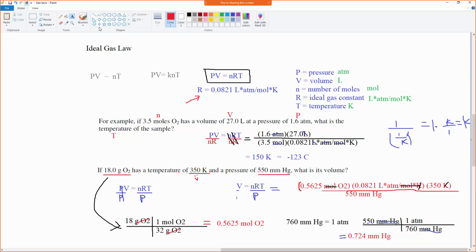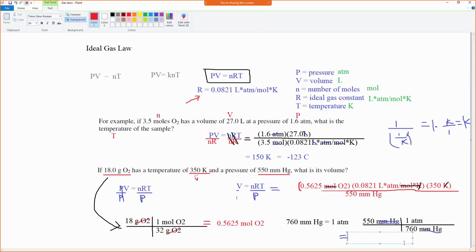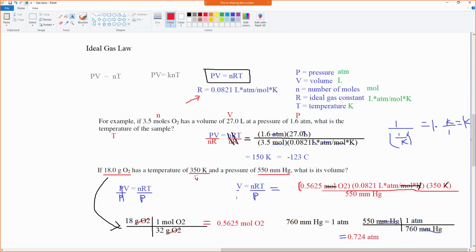Okay. So, wait, excuse me. 0.724 atmospheres is the unit that's left behind, Mary. Atmospheres. I was about to copy that over to my equation, and I'm like, but I had millimeters of mercury to start.